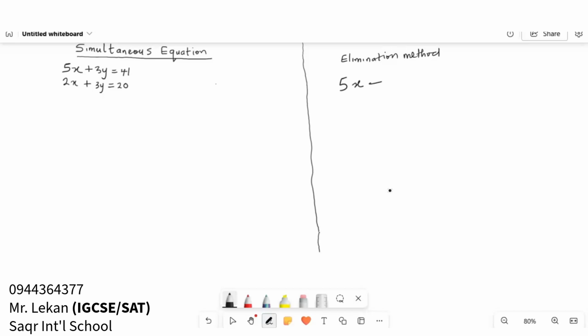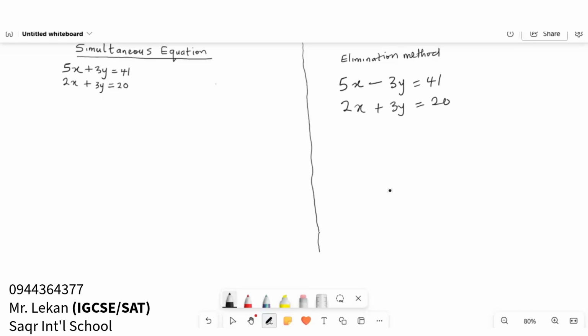What if the first one is now minus 3y equal to 41? And the second one is 2x plus 3y is equal to 20. Don't forget that first one we subtracted.